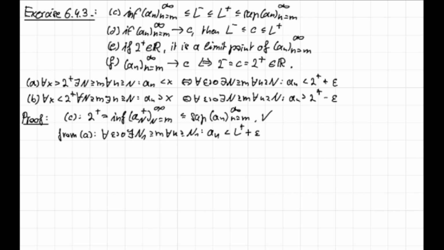And we are doing the same with the infimum. For all epsilon greater than 0 there exists an n2 such that for all n greater than n2, a_n is greater than L minus epsilon.